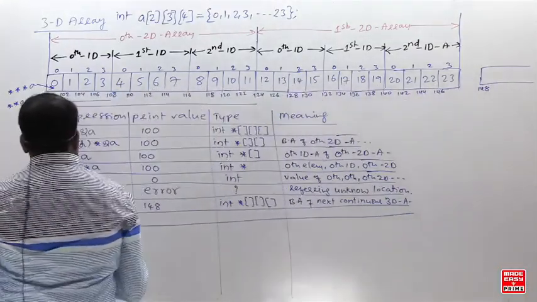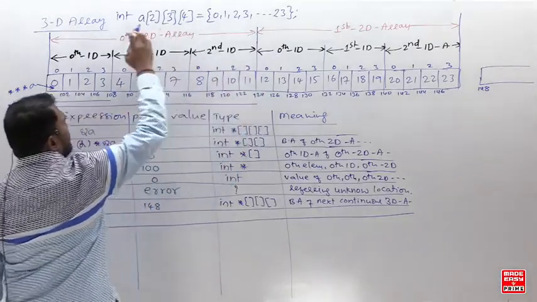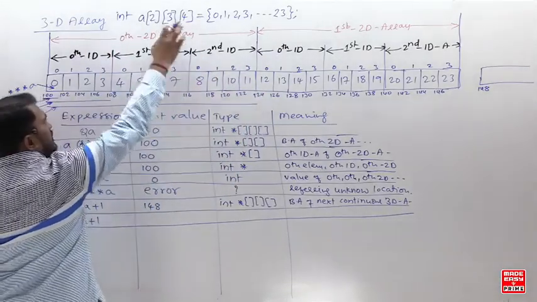Right. So A plus 1. Listen here. A means what? It is pointing to the 0th 2D array.